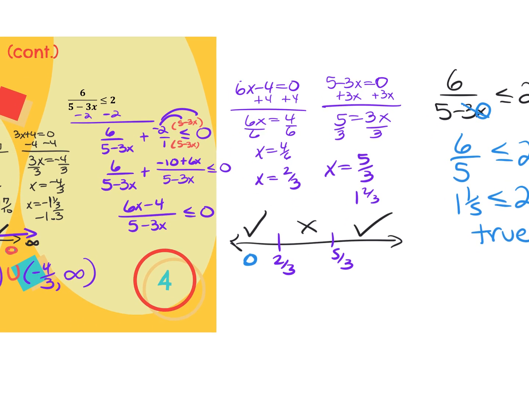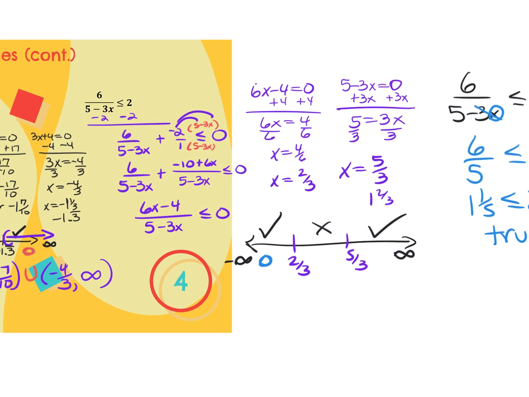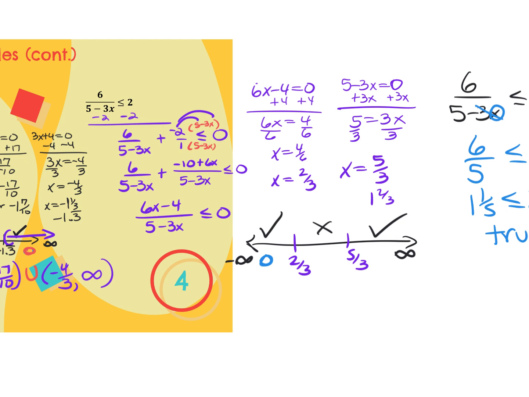So again, we've got our negative infinity here, our positive here. Now remember, only the answer from the numerator, which was the 6x minus 4, is the only number that's going to get the bracket. The 5/3 is going to get a parenthesis, because if I plug in 5/3 to that denominator, it makes it undefined.